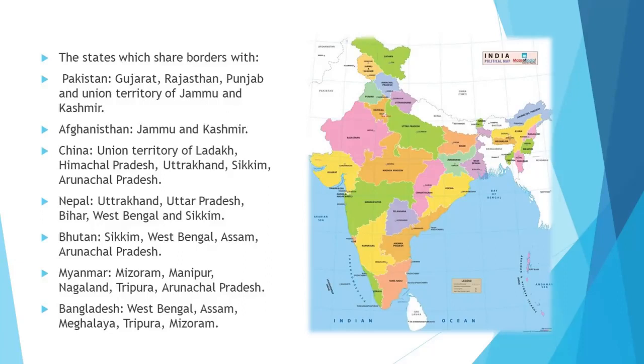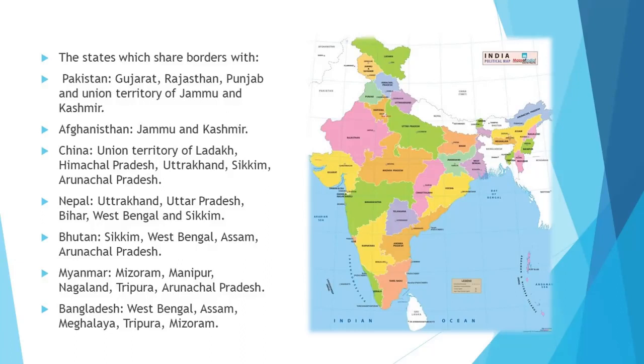Myanmar shares its border with most of the northeastern states, starting from Arunachal Pradesh to Nagaland, Manipur, and Mizoram. Indian states that share common border with Bangladesh are Meghalaya, West Bengal, Tripura, and some parts of Assam.